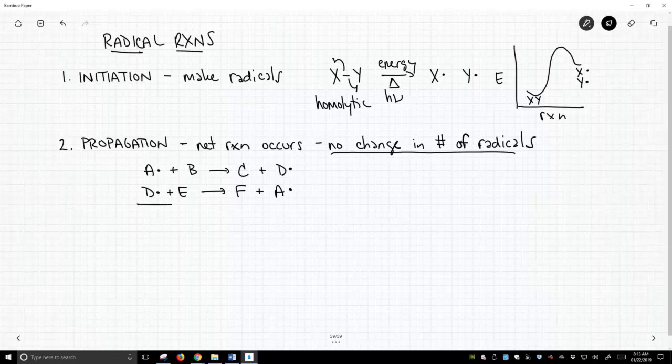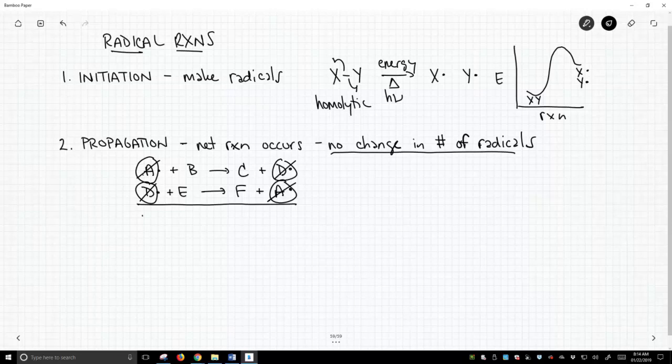What are we doing? So, if we think of this as a mathematical equation, let's add up all the things on the left and add up all the things on the right. So as it turns out, the A radical appears on both sides. So in net, we made an A and we lost an A. No change. D appears on both sides, so we'll just get rid of the D's.